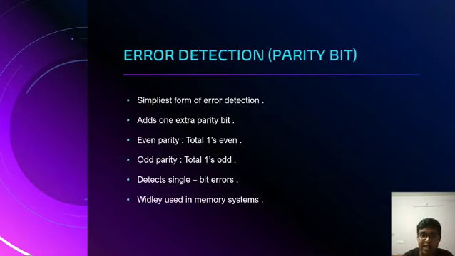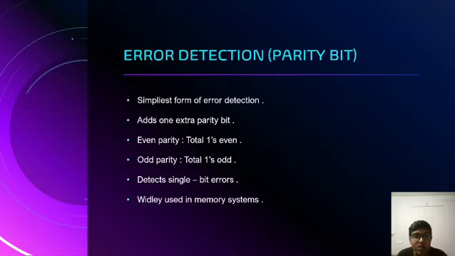Next is error detection, also called the parity bit. One of the simplest error detection methods is the parity bit, which adds a single bit to a string of binary data. For even parity, the number of ones in the data, including the parity bit, must be even. Here are some examples.